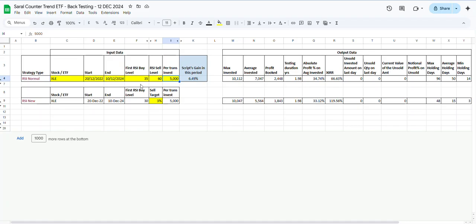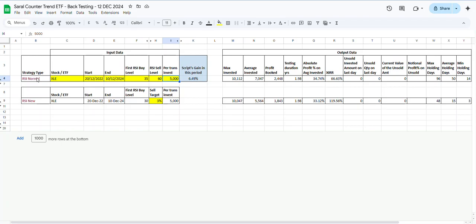Some of the leading sector indexes are XLB. XLB is a materials sector ETF, so it has companies dealing with industrial materials and other materials. Then XLE, which is the energy select ETF, so it has oil and gas and energy related companies. Then you have XLP, which is another index.